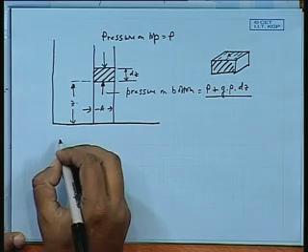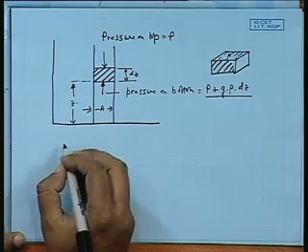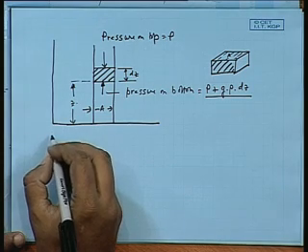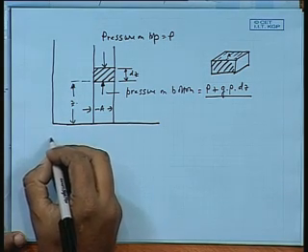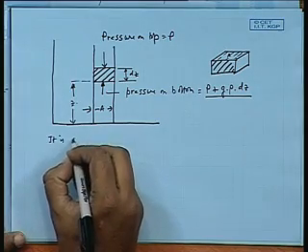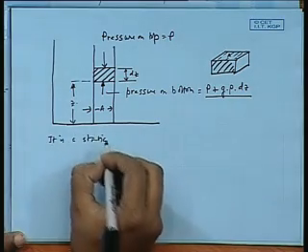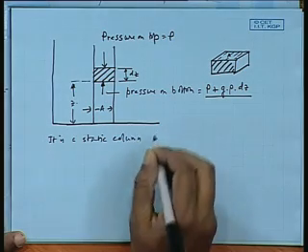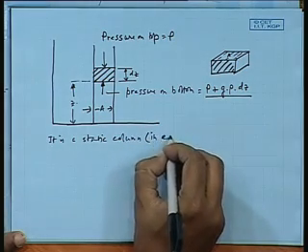So here, as you can see, this is a horizontal slice of air, a static column that is in equilibrium.